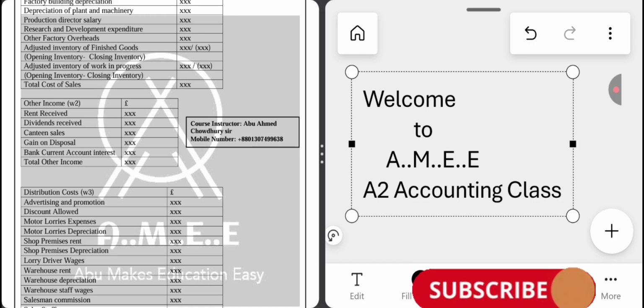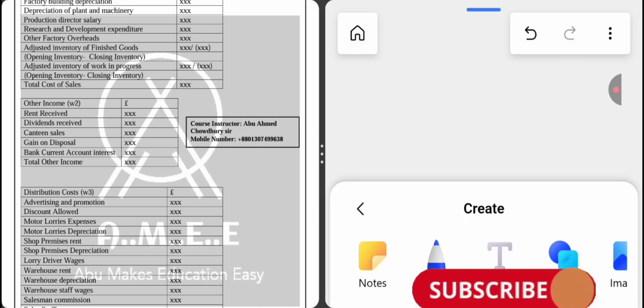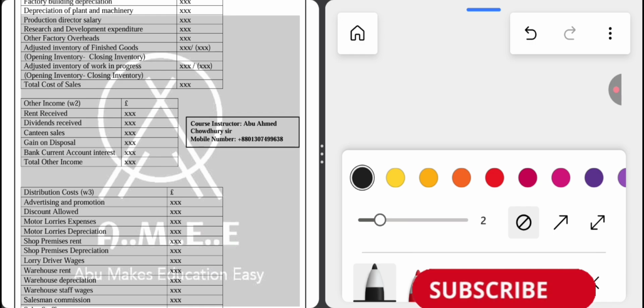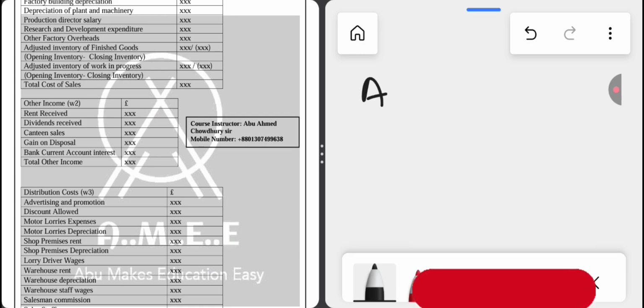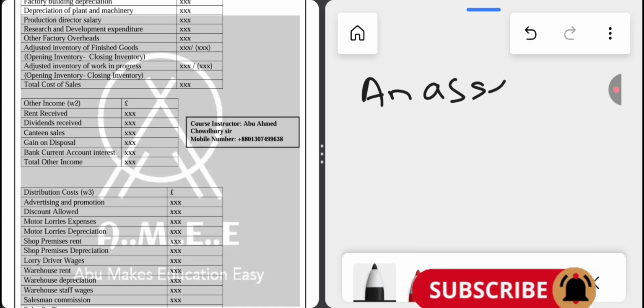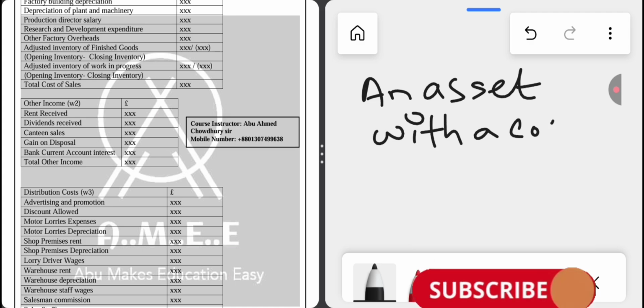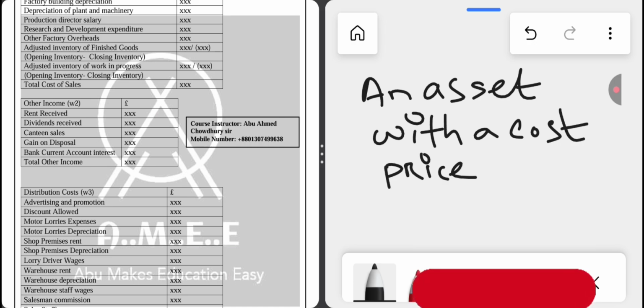Gain on disposal. Gain on disposal occurs when the business sells a non-current asset for a higher price than its net book value, meaning the net book value must be lower than what the business has sold the asset for. For example, gain or loss only occurs for non-current assets, right?